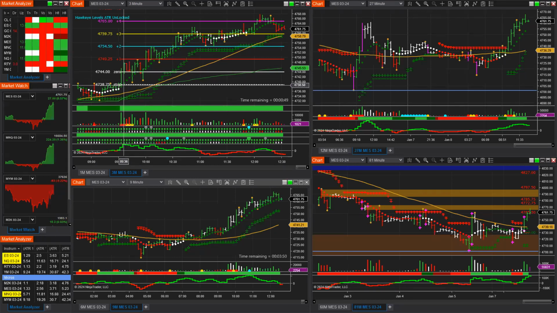I like to set my stop to be about halfway between the trailing stop and the current entry point. So the entry point is the close of the current bar, or anywhere basically on this bar right here is where I would enter the trade. So this is my trigger bar and this is my entry bar.